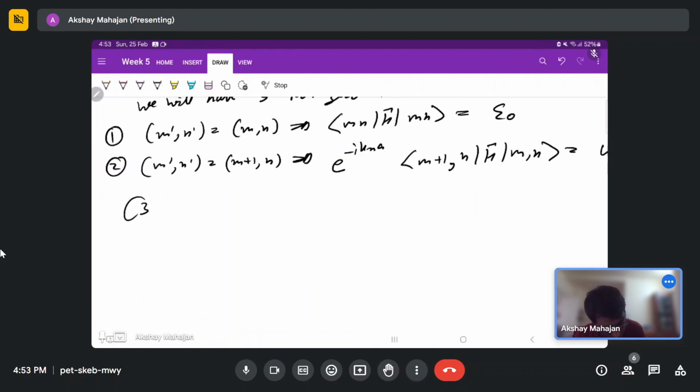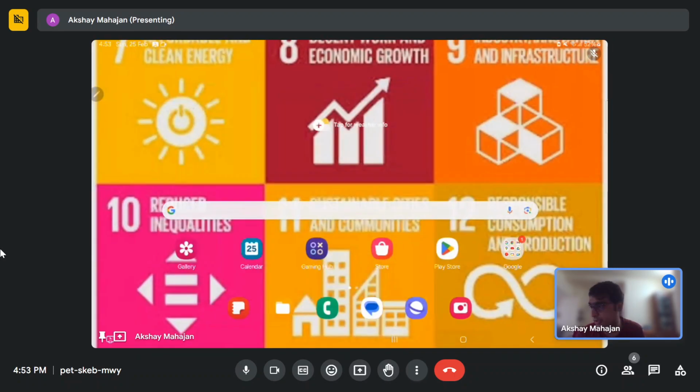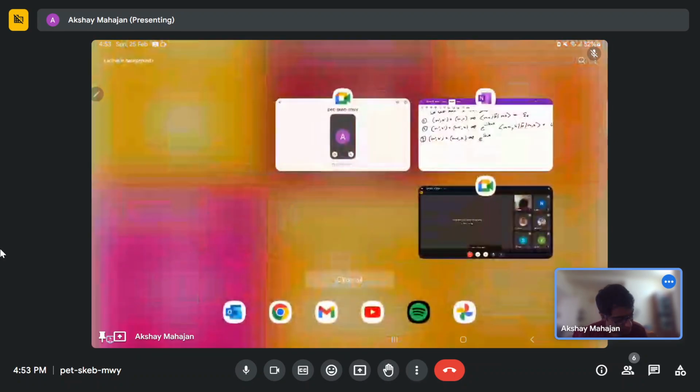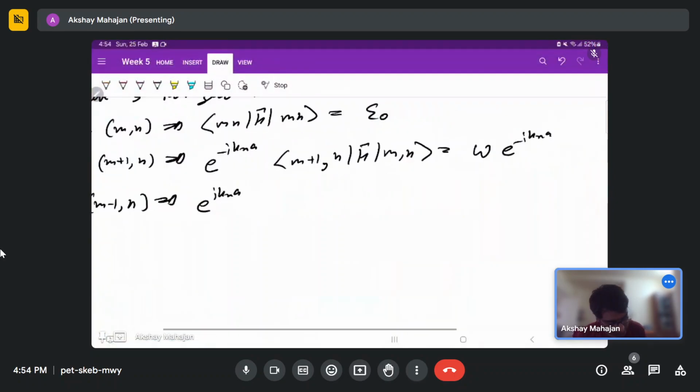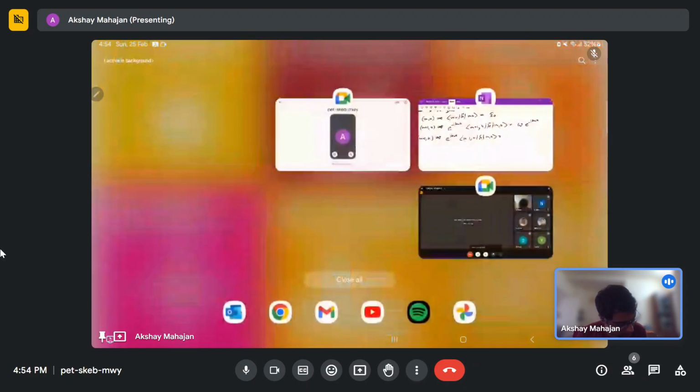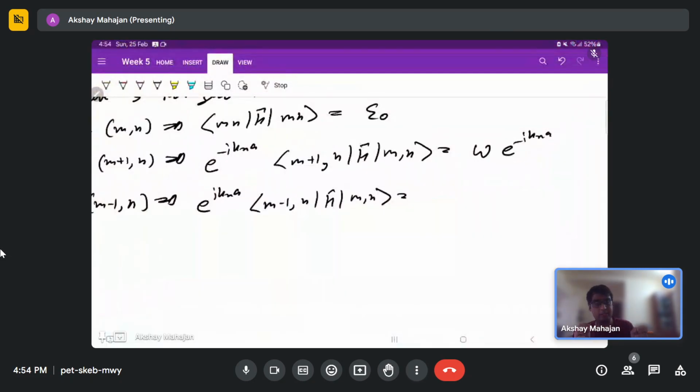Similarly, I have m prime comma n prime equals to m minus 1 comma n, this will give me e to the power iota kx a. Okay, m minus 1 comma n h cap m comma n, and this is also about the a axis, so this is also going to be w times e to the power iota kx a.